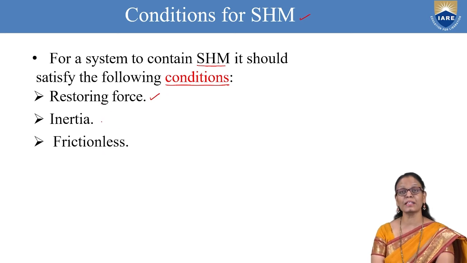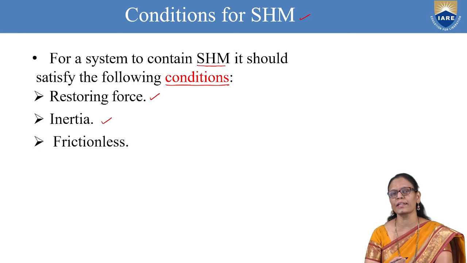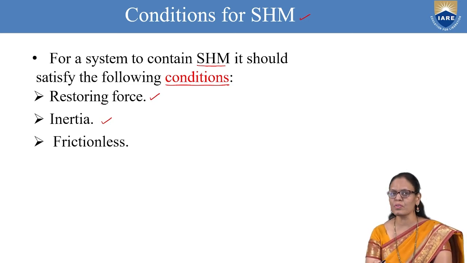Then comes inertia. What is inertia? It is the inability of a body to change its state by itself. If a body is in motion, it continues to be in motion. It cannot come to rest on its own. And if a body is at rest, it continues to be at rest.